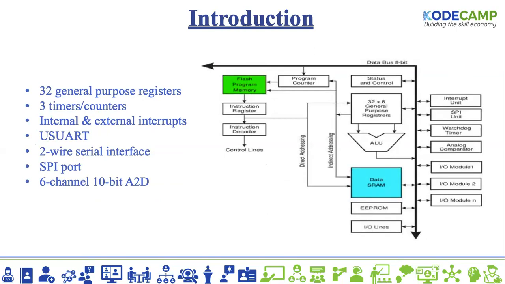So it simultaneously picks data and instructions from different parts wherever you want it to. When you connect it to a particular component, or maybe a particular sensor, the data you generate from that sensor is saved in the data RAM.